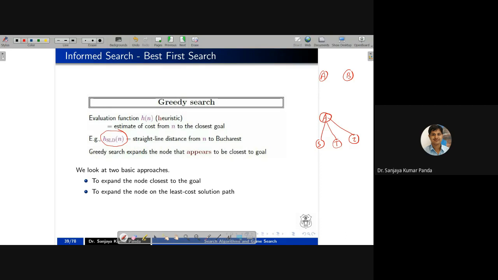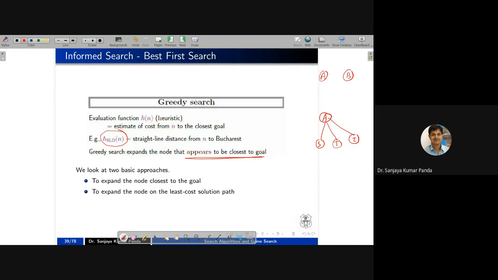So what will greedy do? Whichever path is minimum, it is going to choose that one. It is not looking into the distance you have covered till now. Greedy search expands the node that appears closest to the goal, but it does not keep track of the cost you have spent to reach that particular node.